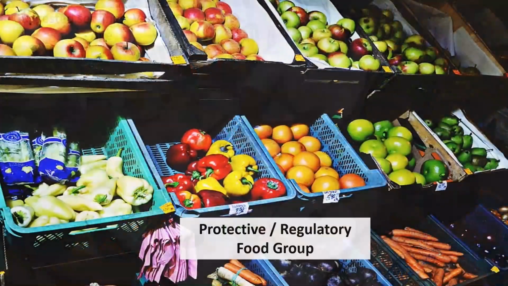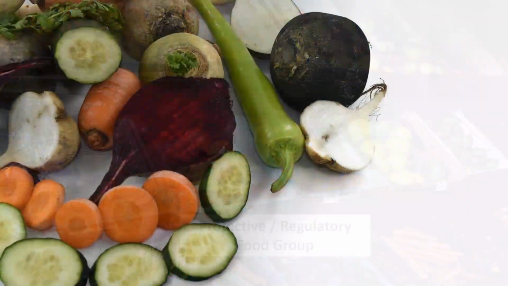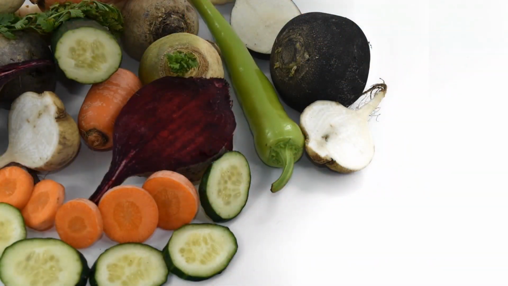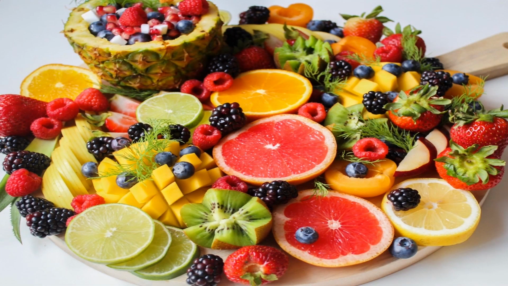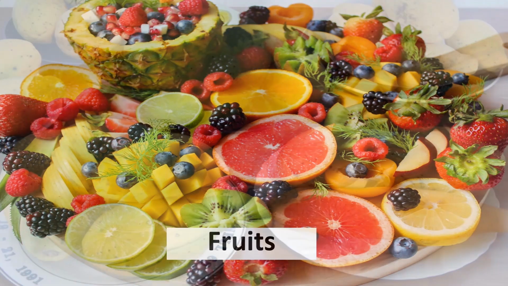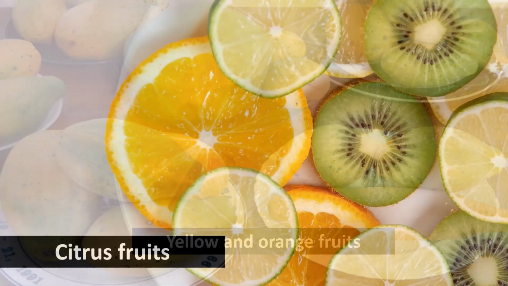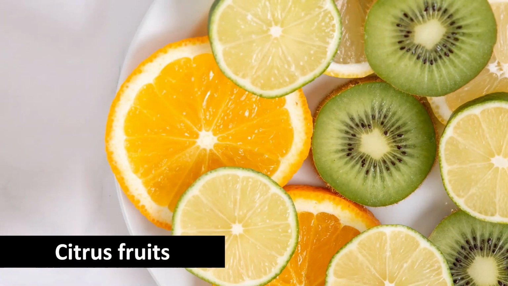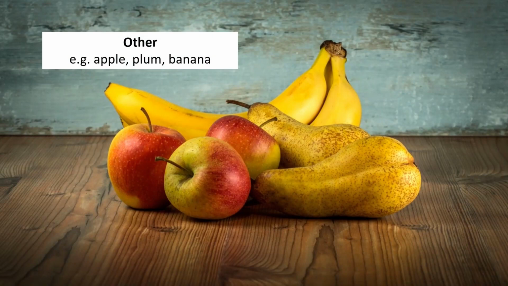The last group is the protective regulatory food group, and we know that they provide minerals and vitamins. Important food items within this food category are fruits and vegetables. All yellow and orange fruits, mango, papaya, citrus fruits, lemon, lime, oranges, all other fruits, apple, plum, banana, they all get included in this category.